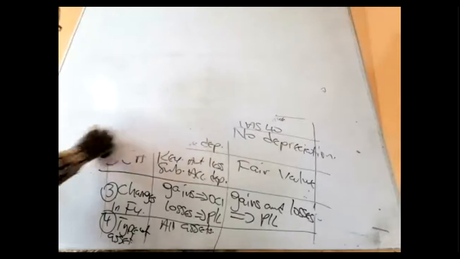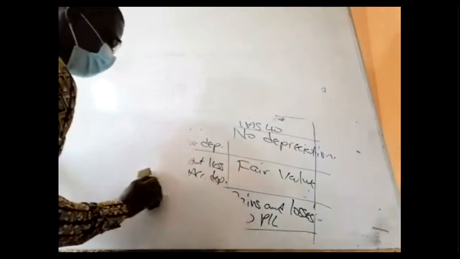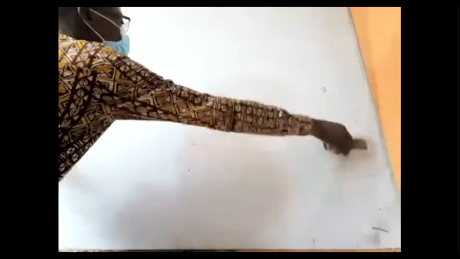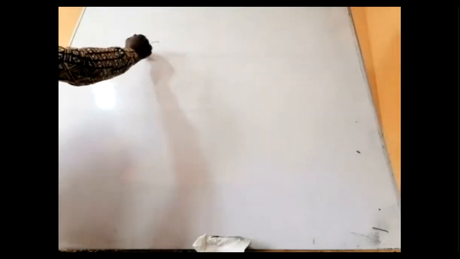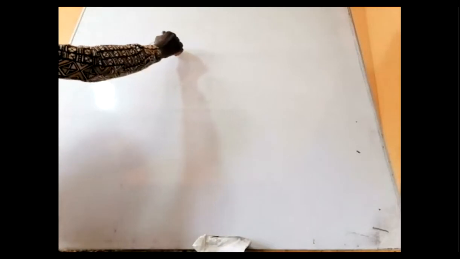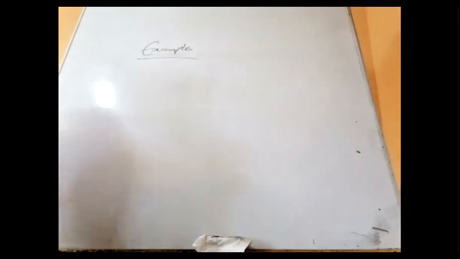I'll solve two questions here. From there, I'll move on to the last aspect, then we proceed to the next standard. So next is the first example. I'll not talk plenty. I'll go straight for it.